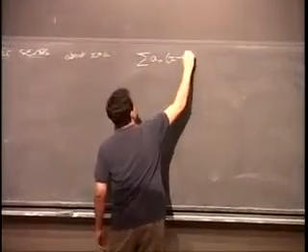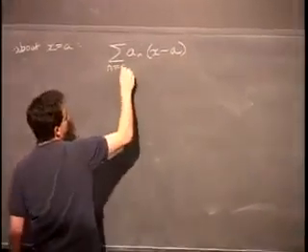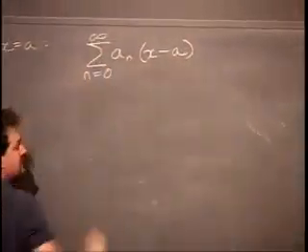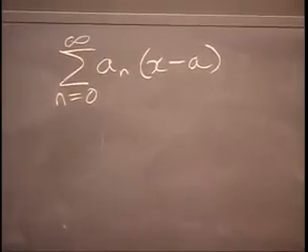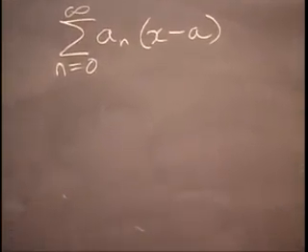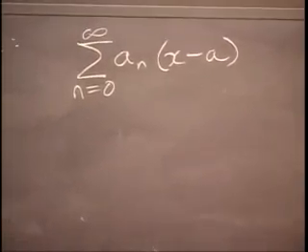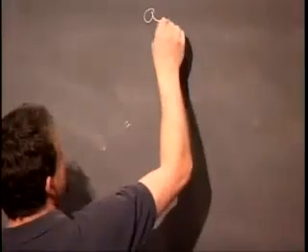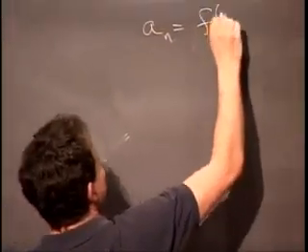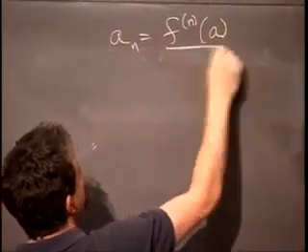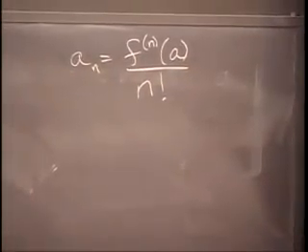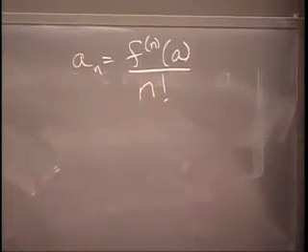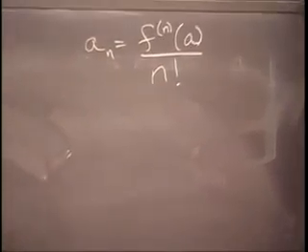The sum from n equals 0, although you don't have to start at 0, to infinity of a_n times (x minus a) to the n. Now, the sort of Taylor series we've been looking at are a special case where a_n is the nth derivative of some function f evaluated at a over n factorial.